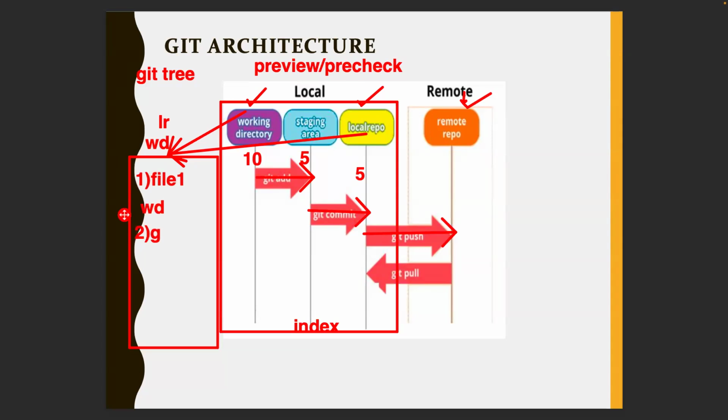After bringing this file, if you run this command, then it is said to be in the staging area. After this, if you run git commit, then it is said to be in the local repository. So it's the same physical folder on your system. The same folder is called the working directory, and the same one is called the local repository. But this is how it's logically different. I told you, staging area is just a virtual layer.